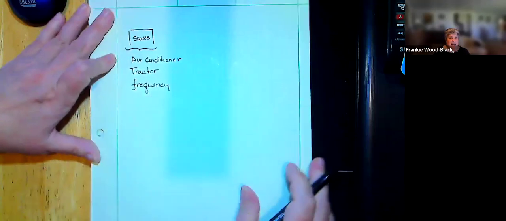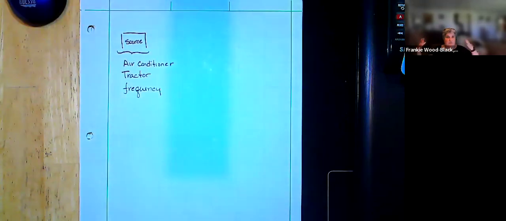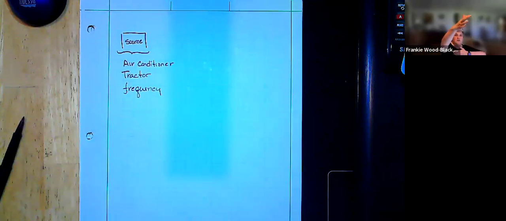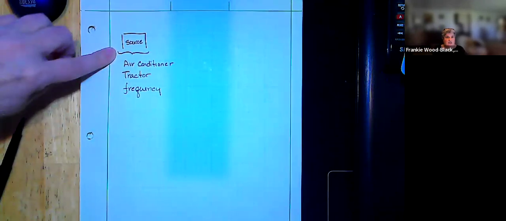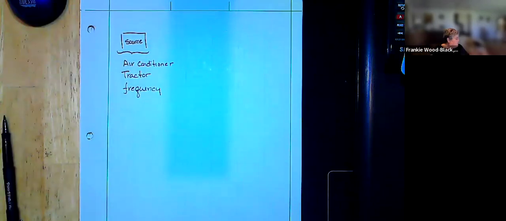I would recommend doing this outside, because you're going to get better results outside than in the house. If my wave hits a wall, it's going to reflect and I'm going to get interference. So you're better off using your air conditioner running outside.